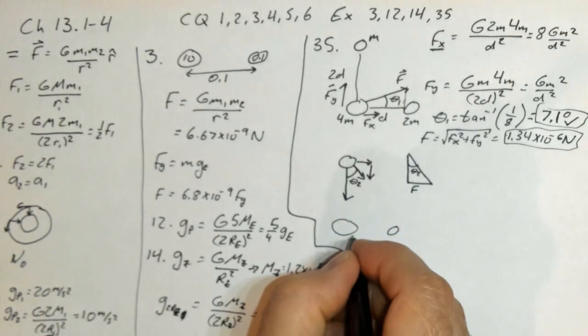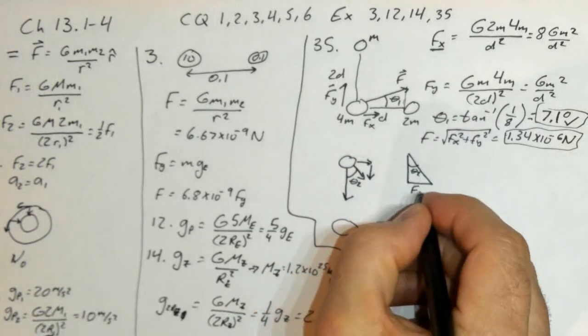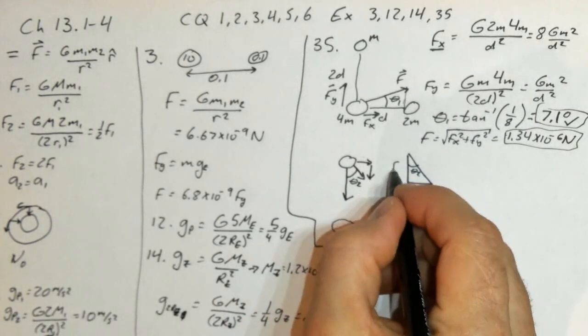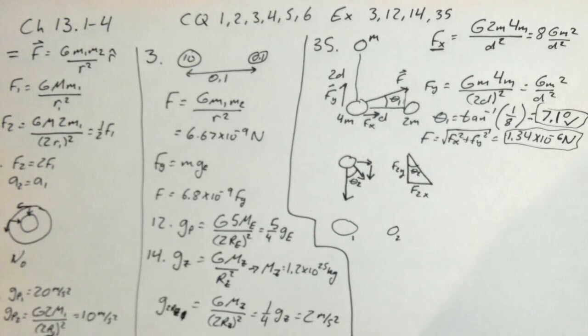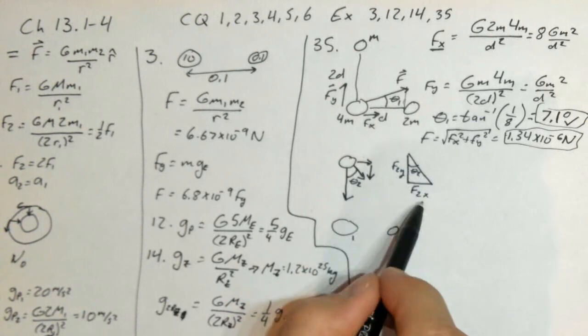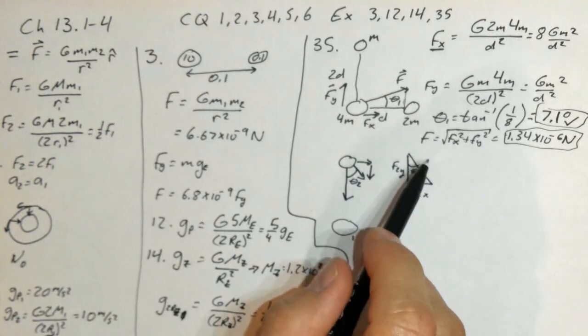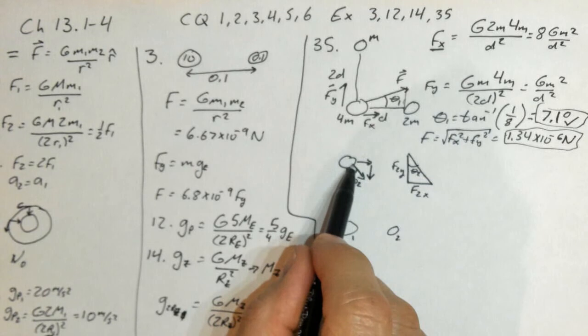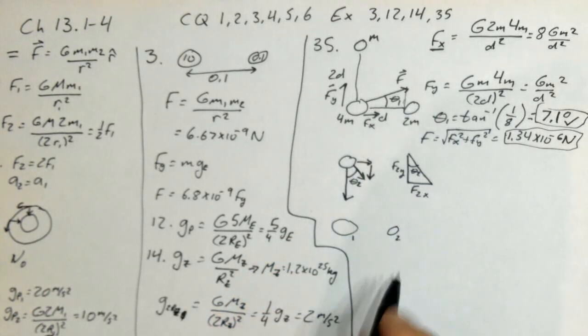We'll call this one 1 and 2. This will be f2x, and this will be f2y. And I need to know this theta to be able to find those two pieces, because I can find how big this one is by the full force.